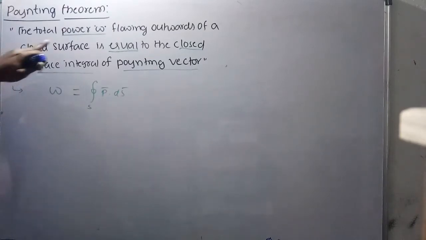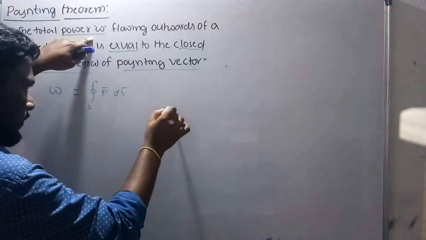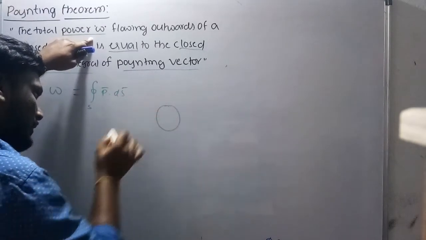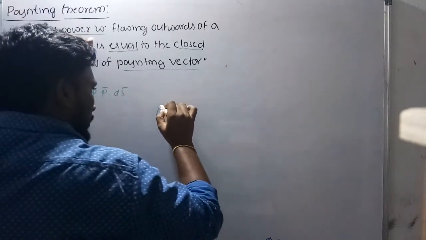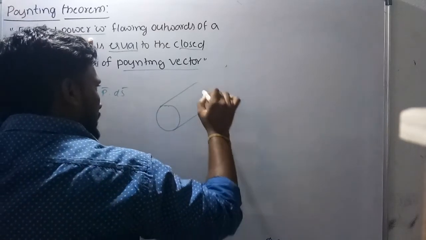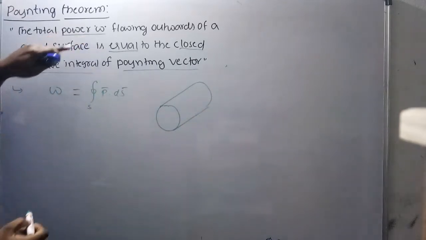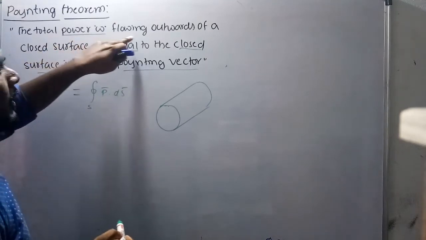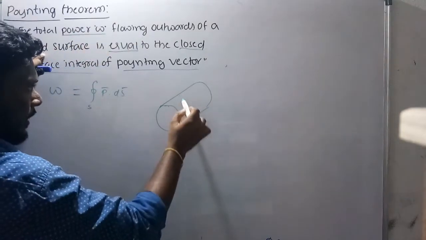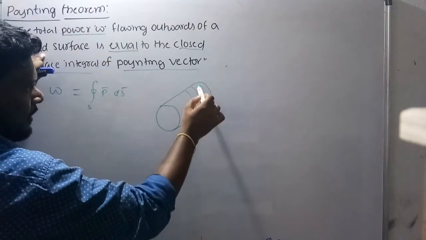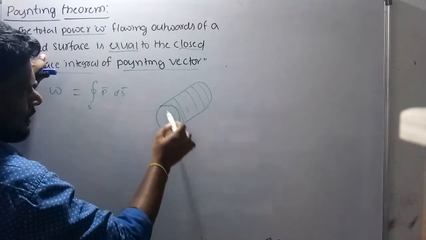So suppose you take the cross sectional area of the conductor, so your conductor will be like this. Okay, so the power flowing outwards of a closed surface. This entire one is the closed surface, and this is the closed surface area.